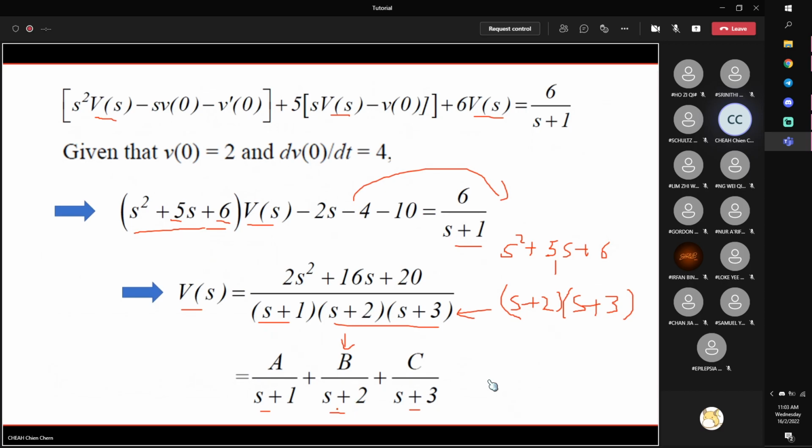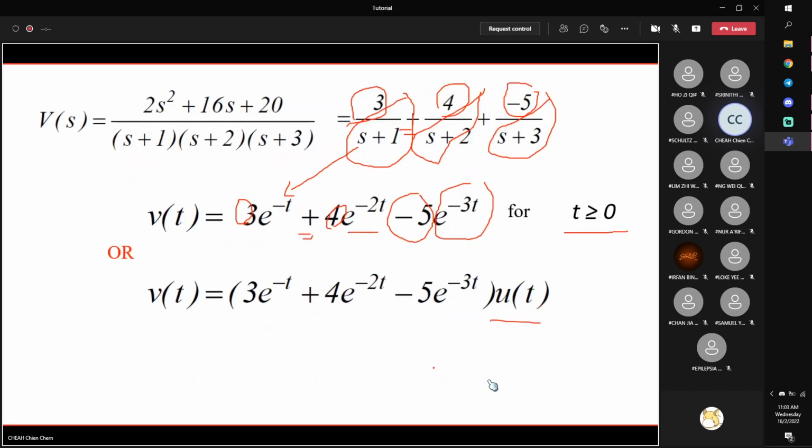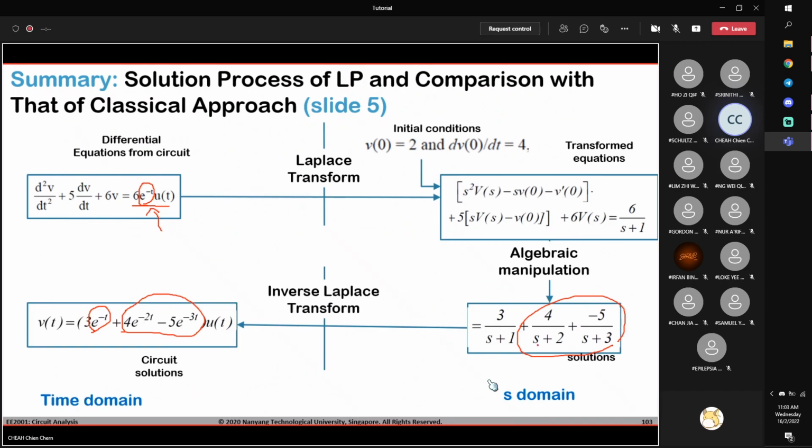As a result, you get these 2 and 3, and finally, you get these two responses, e to the power of negative 2t, negative 3t. So this will always be in your circuits, natural response. This one will depend on your source. If your source puts in this exponential term, then you get this one. If you put DC, this will be DC. You put AC, this will become AC, but the other two will always be the same.